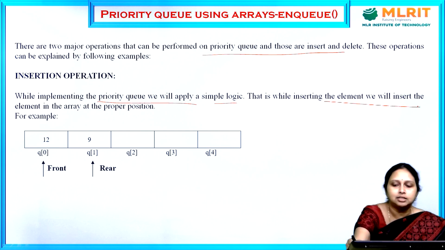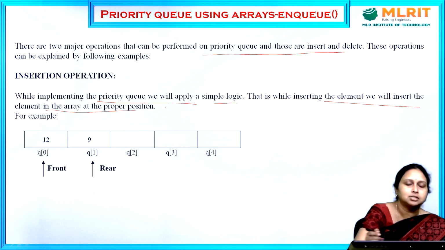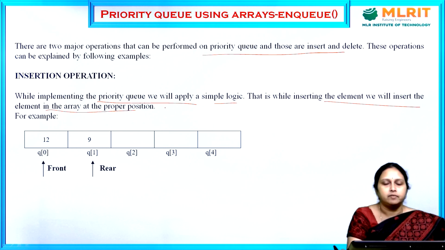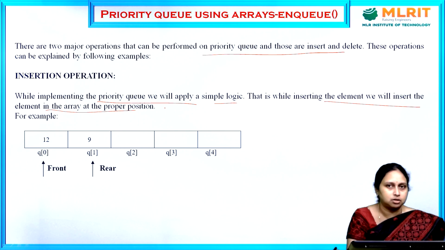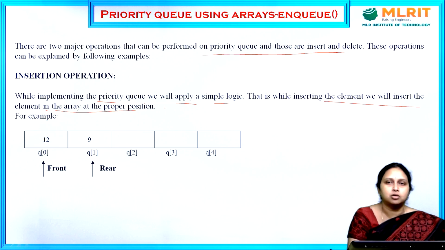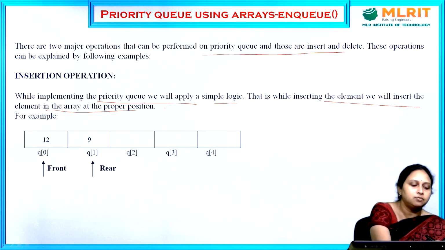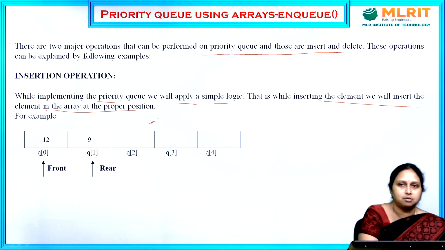While inserting the element itself, we insert it in the proper position, so that it is stored in either the min priority representation or max priority representation, right. So that it is very easy for us to delete the elements with the min priority or max priority. In the min priority, the lowest element has the higher priority; in the max priority, the higher element has the higher priority, right.